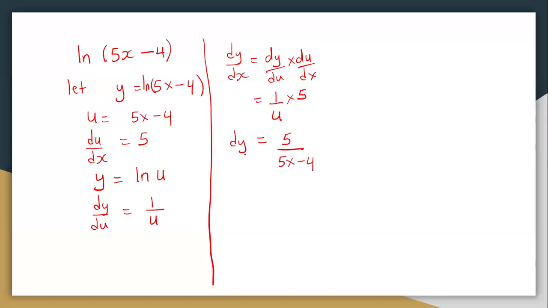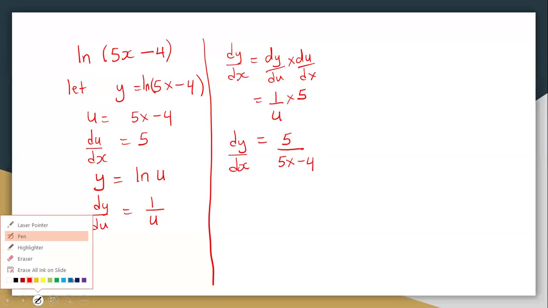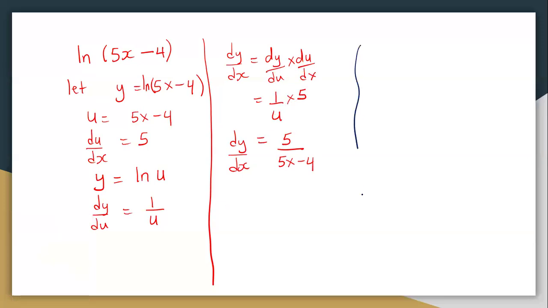So this is our dy/dx, and you end at that point. In case you want, you can apply the other alternative approach, which tells us that when I have d/dx of ln of f(x), this is always equal to f'(x) divided by f(x).